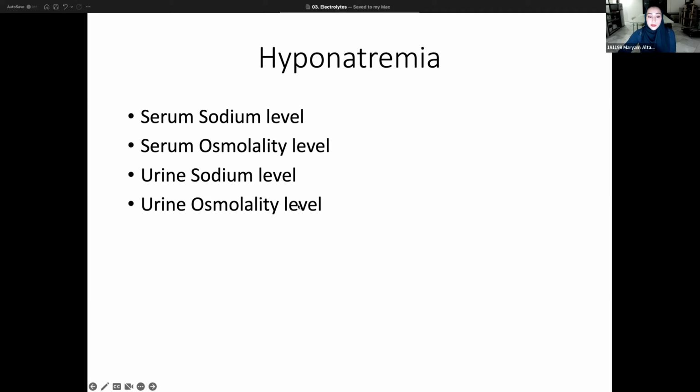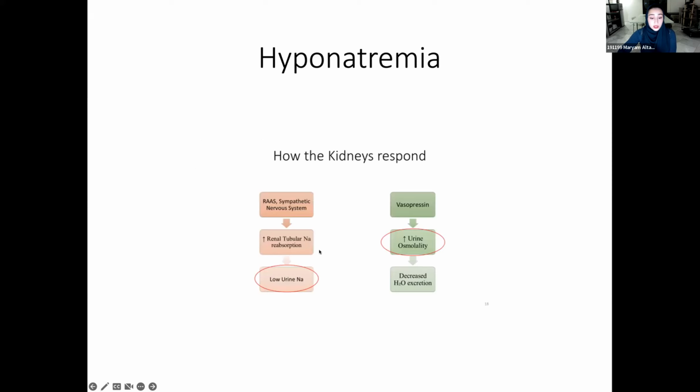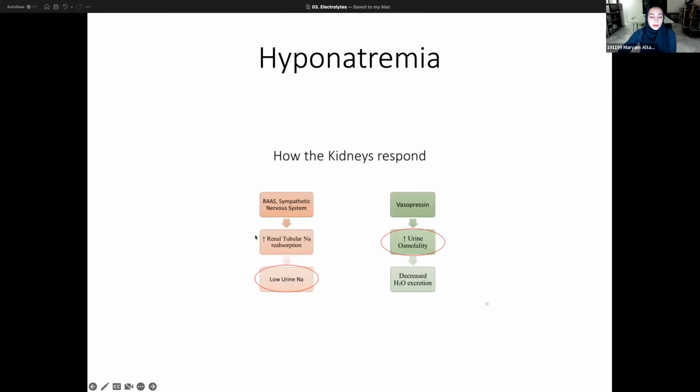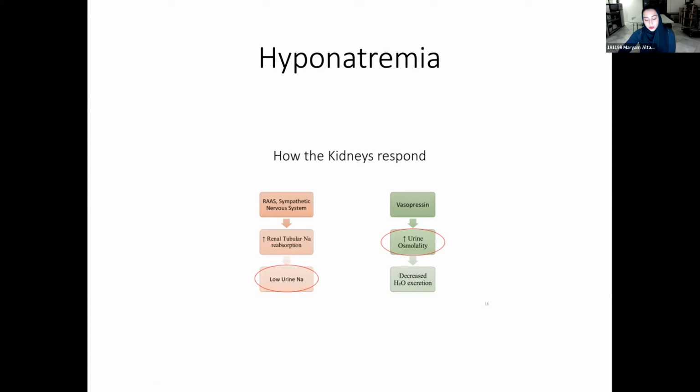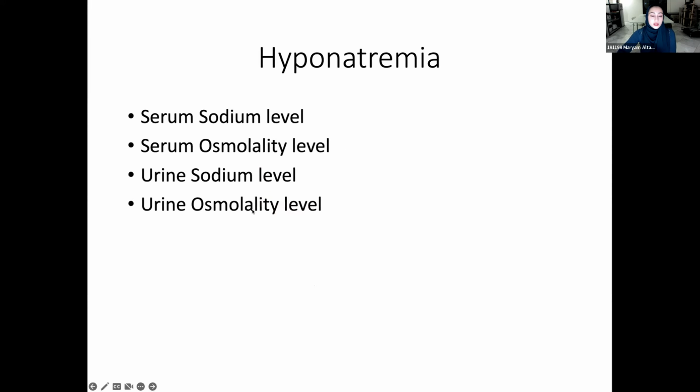So do these match? For example, if serum osmolality is low and serum sodium is low, okay, so we know it's hyponatremia, right? And if urine sodium and urine osmolality are also low, then you'd think maybe I have activation of the RAS system. This can possibly be the causes that we talked about before: congestive heart failure, cirrhosis, nephrotic syndrome, right?